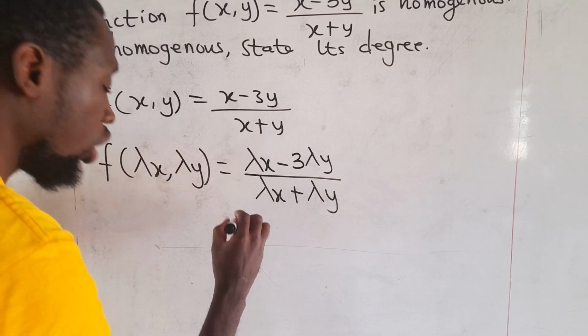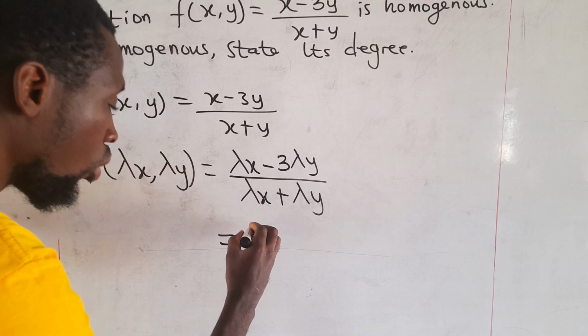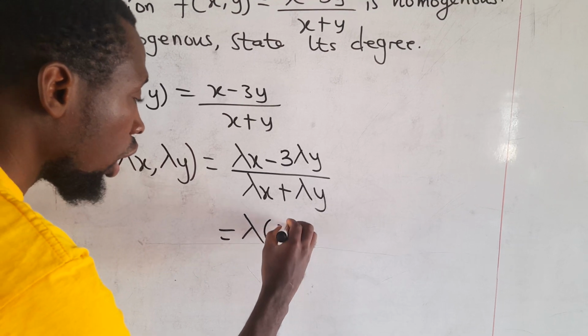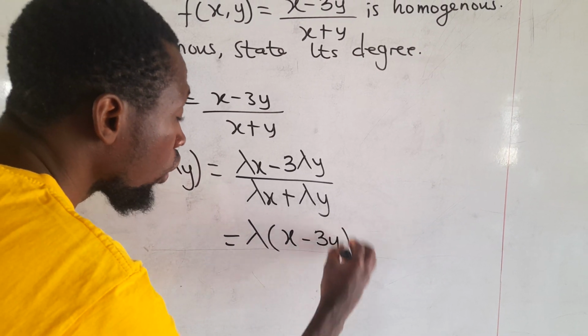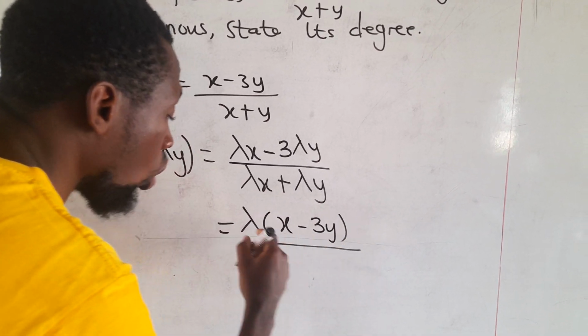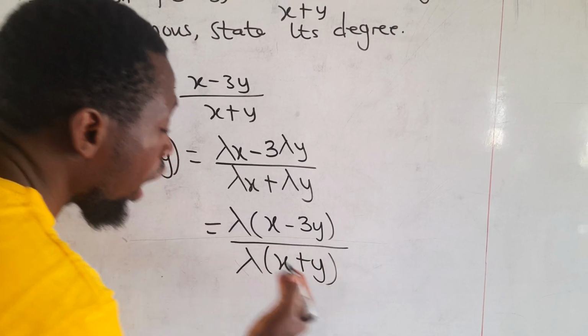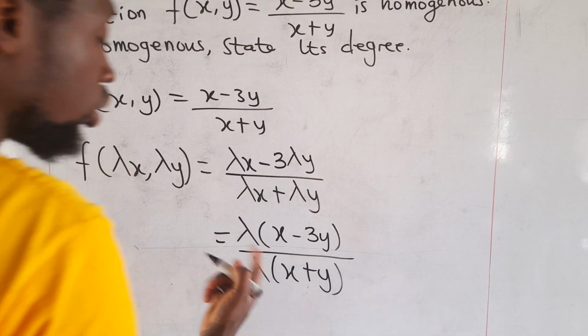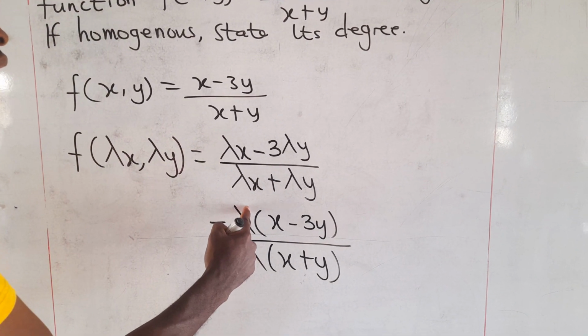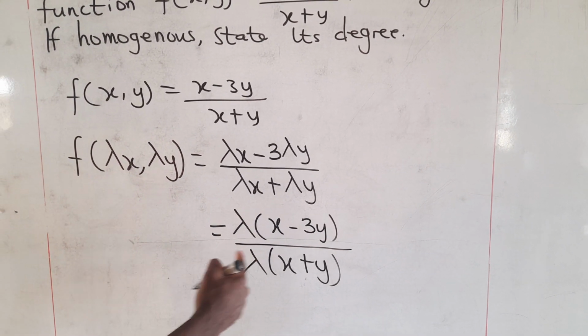What is common in the numerator? Lambda is common. We bring it out. We'll be left with x minus 3y. What is common here? Lambda is common there again. So lambda out, x plus y. We can rewrite this using indices. Remember the degree of the lambda here is 1 and the degree here is 1.